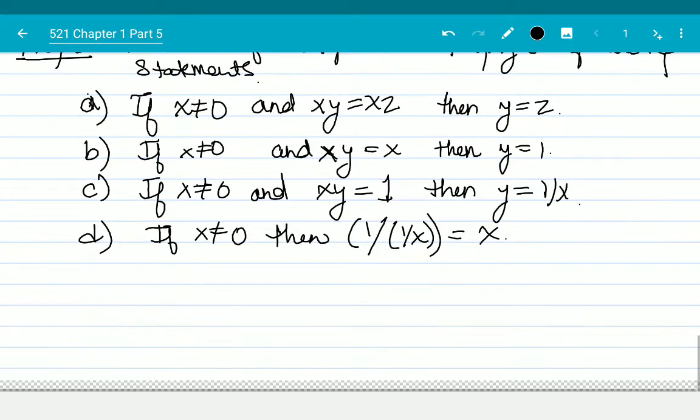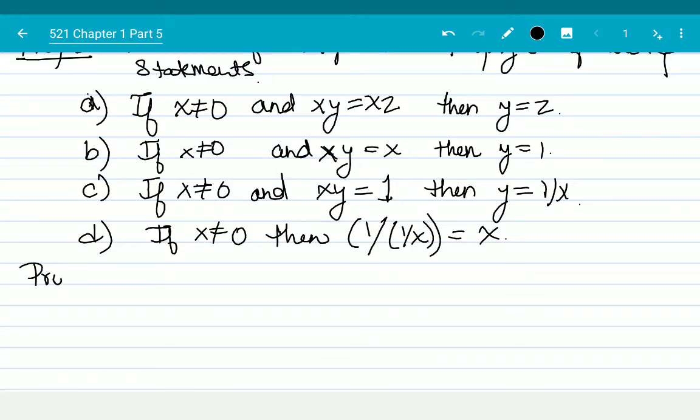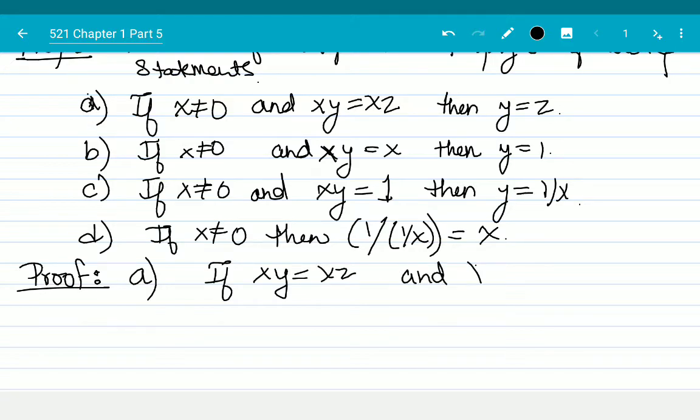These are exactly in correspondence with the previous one. The proofs are going to follow exactly the same way as the previous one. Just substitute multiplication for addition. I'm again going to only prove A and leave B and C to you. If xy is equal to xz and x not equal to 0, then 1 over x belongs to F, right?